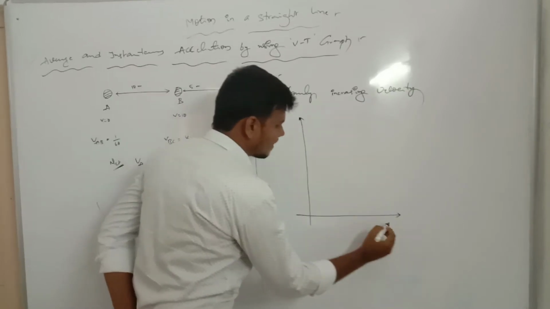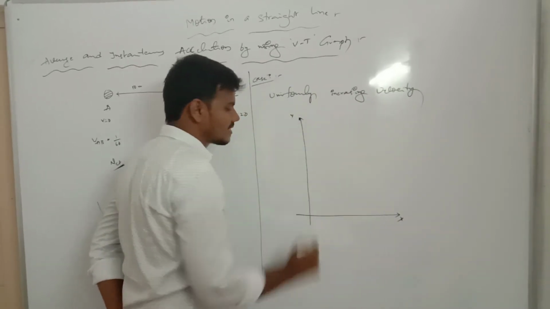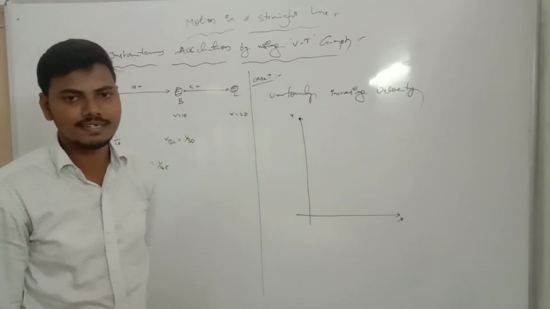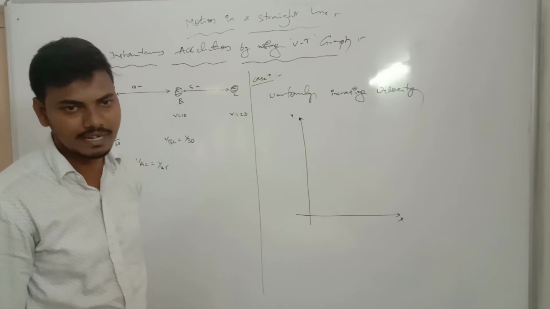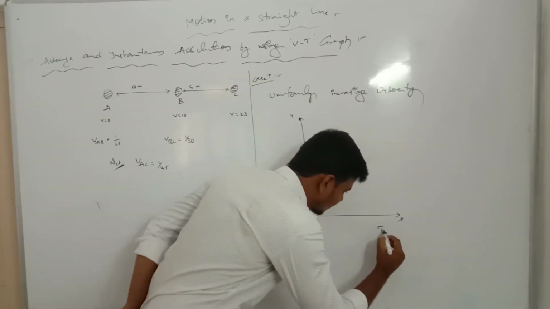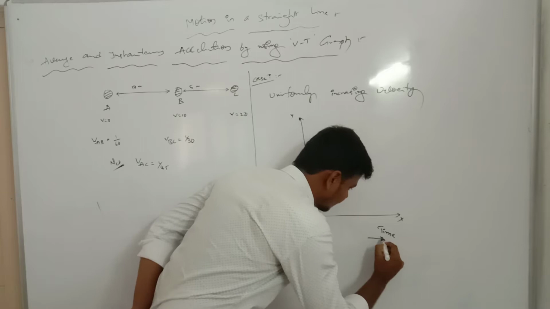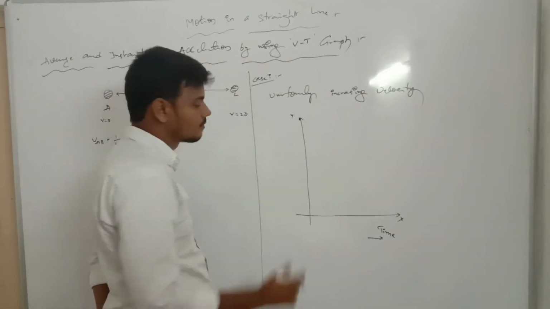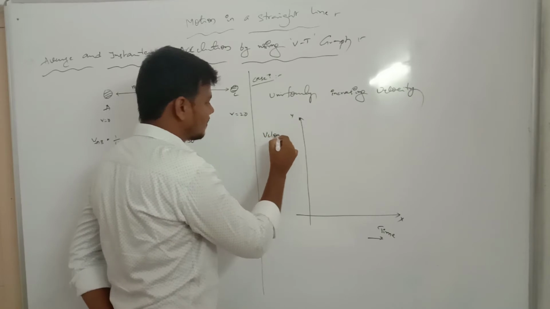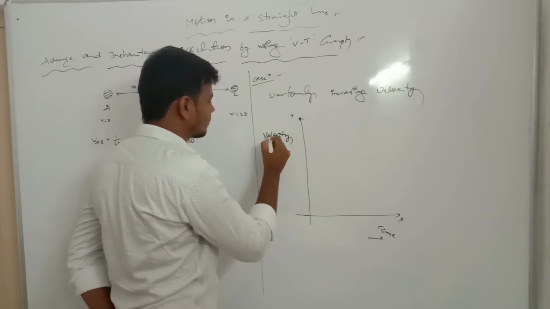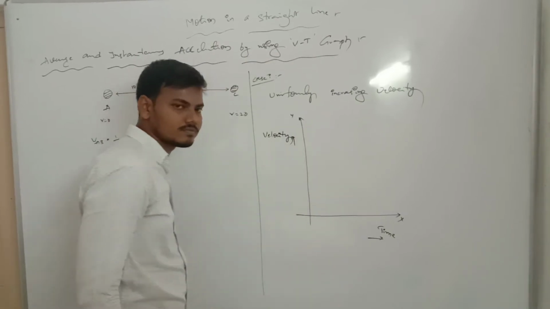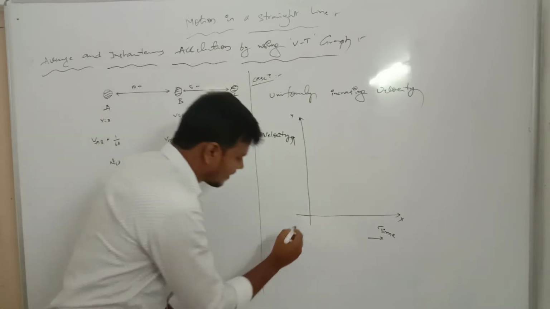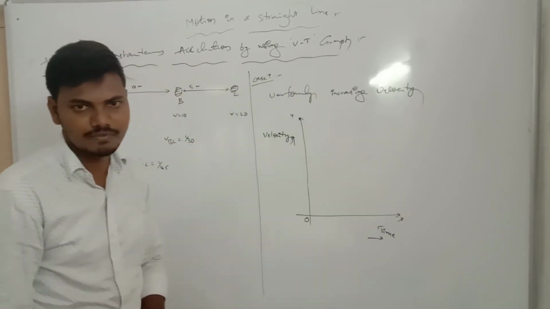Okay, this is always the x-axis. This one is always the y-axis. The x-axis is always represented by time period. Which one? Time period. This one. Now the y-axis is always represented by velocity. Which one? Velocity. Okay. Now this is always the origin point first.